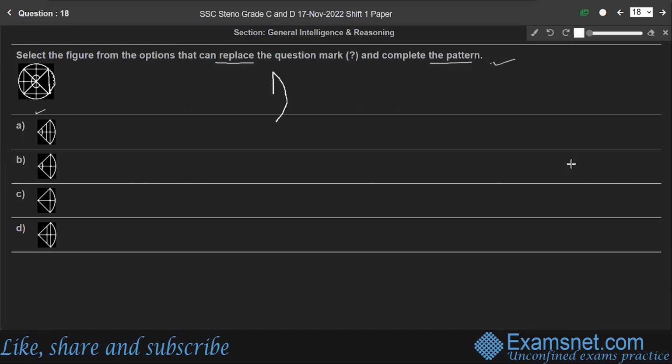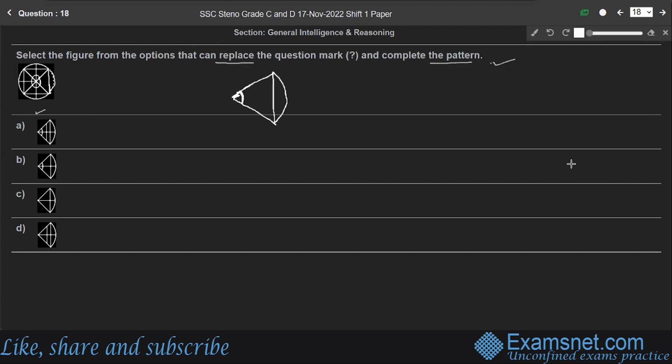Its pattern will be like this. At this center, we have to complete the oval part.